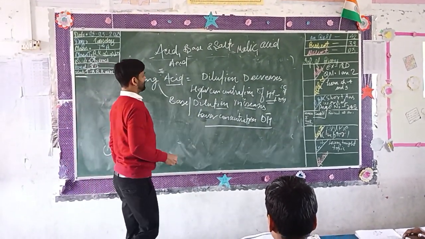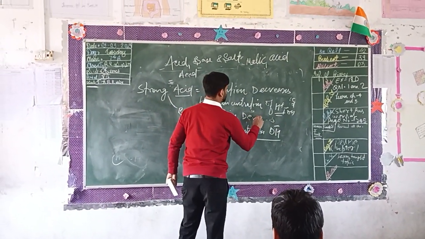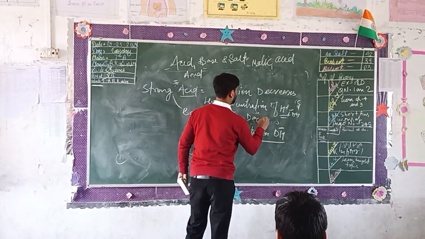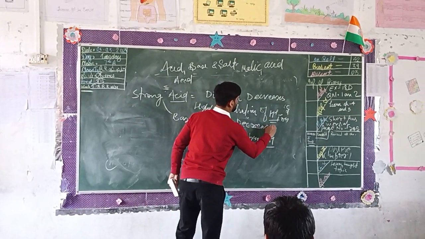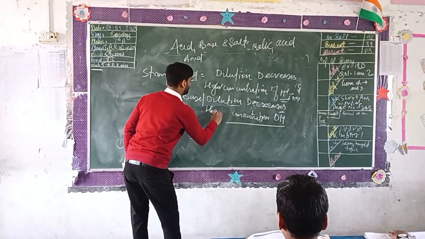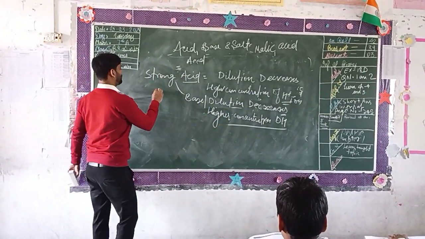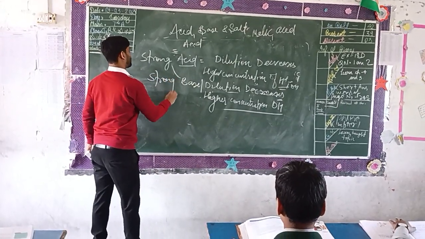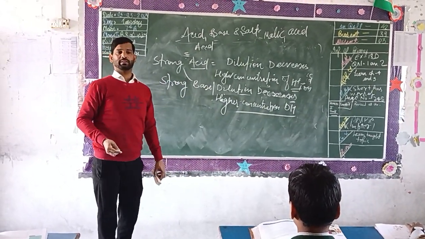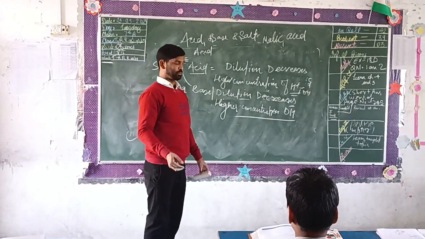When the dilution decreases and the concentration is higher, that one is called a strong base. But one thing is there. What is the formula? What are the examples?